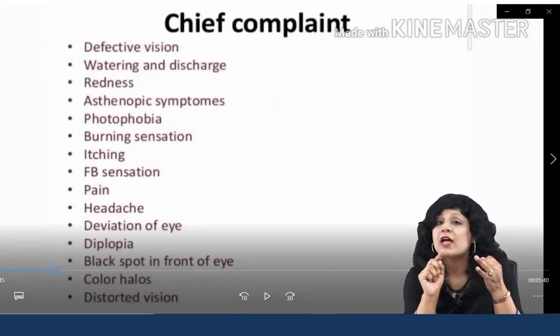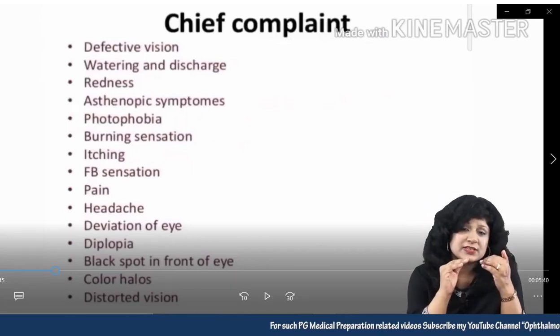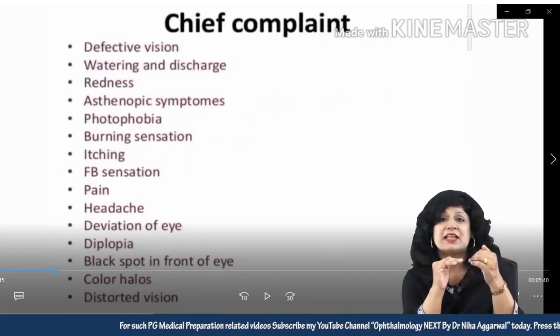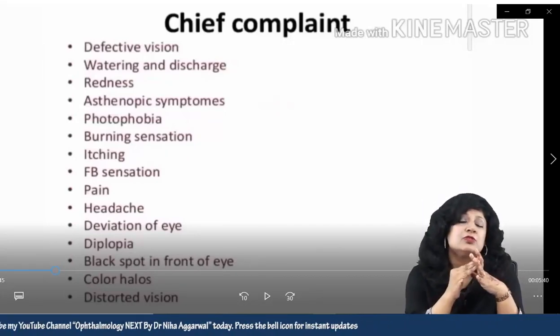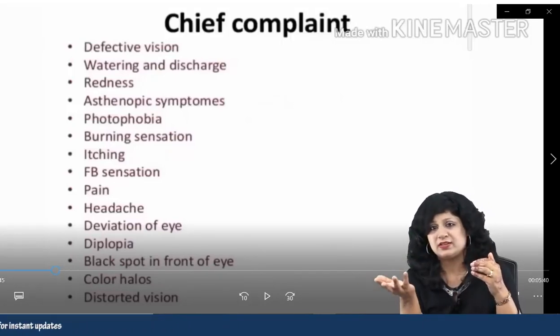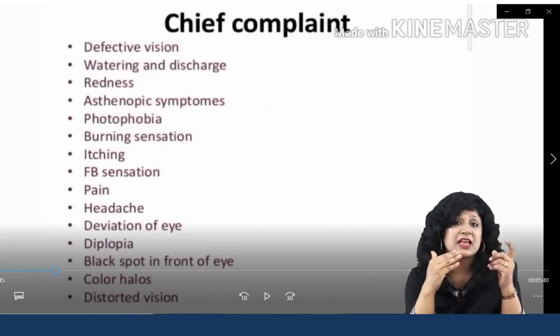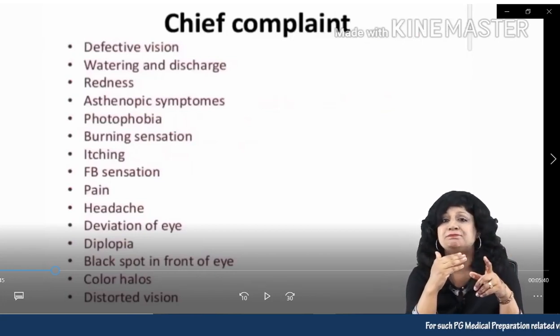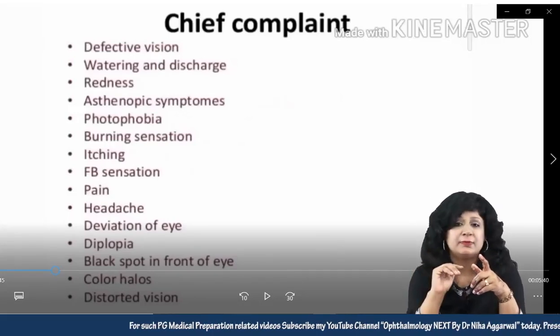You also have to ask the patient whether the sensation that the patient is having is actually pain or just discomfort, because from this also you get a clue. See, pain will never occur in conjunctivitis, it will only be a discomfort. But if the patient is having pain, that means there is a nerve involvement, there is a neural involvement, and cornea will be there.